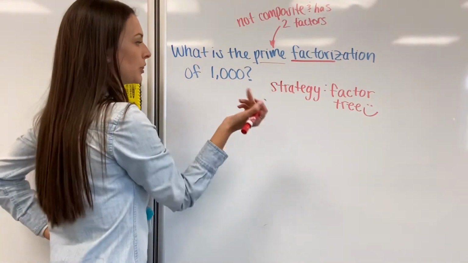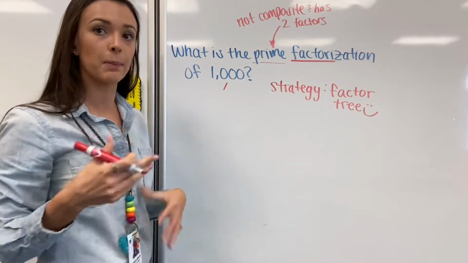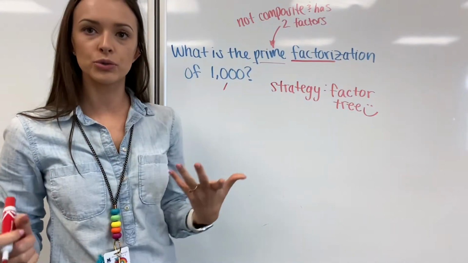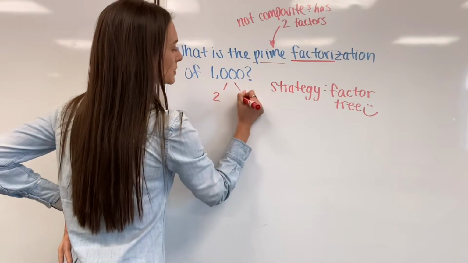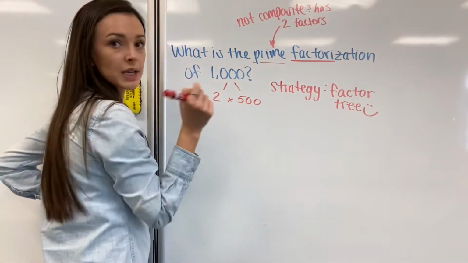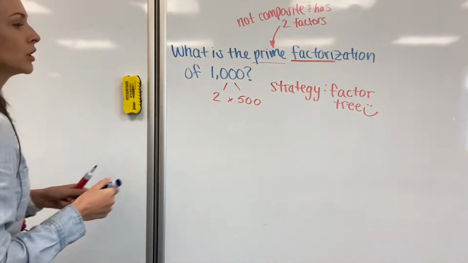If I have 1,000, I can decompose that. Remember, decompose is the math word that means to break apart. So I can decompose 1,000 into 2 times 500. These are my little branches, and I'm drawing the factors of the number 1,000.